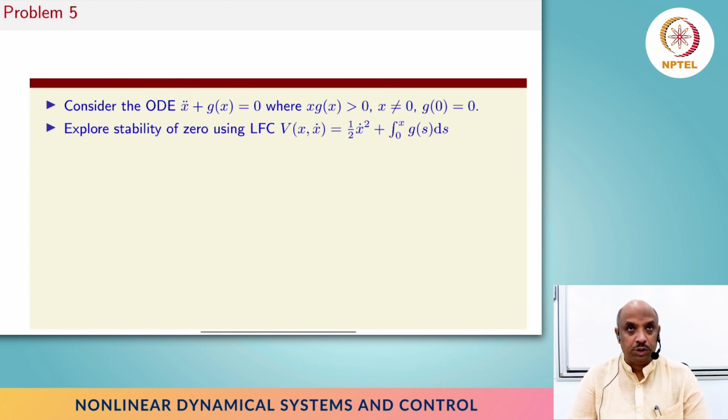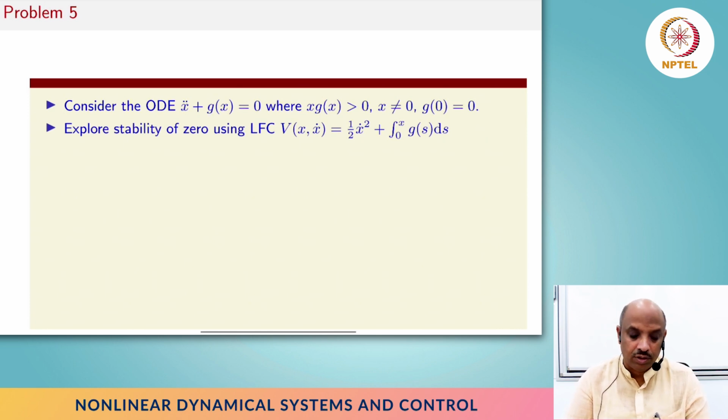So we'll continue to the next example. Again a second order example, and this time I'm not going to write the state space version. Sometimes you can be lazy and not go through the state space. By the way, one has to be careful. We have to go back and look at the examples we have seen. Are the equilibrium points given by setting the right hand side to 0?